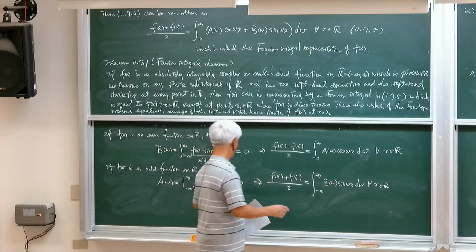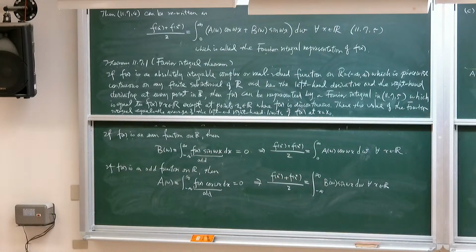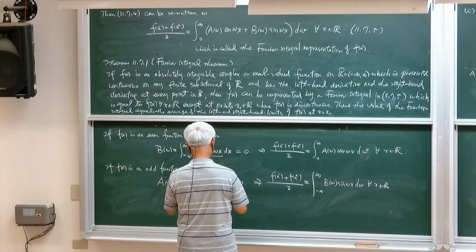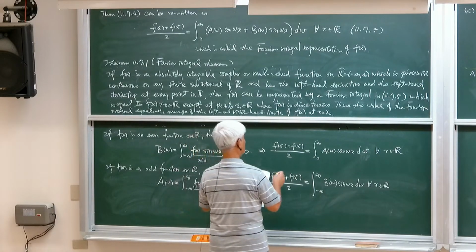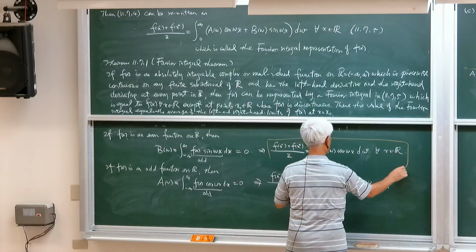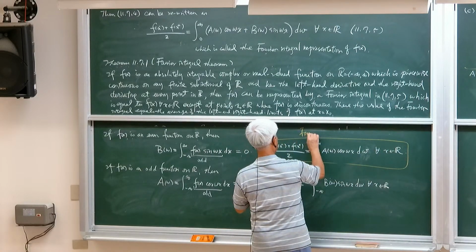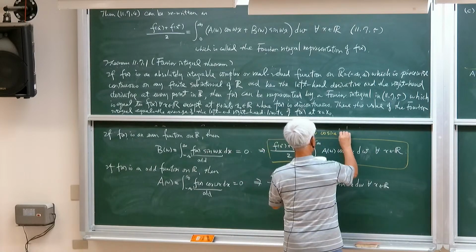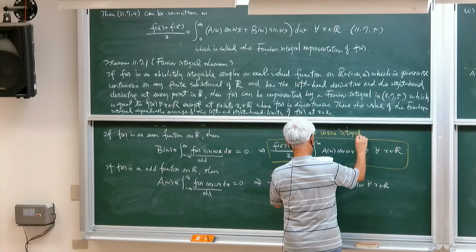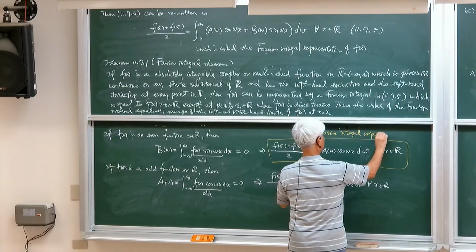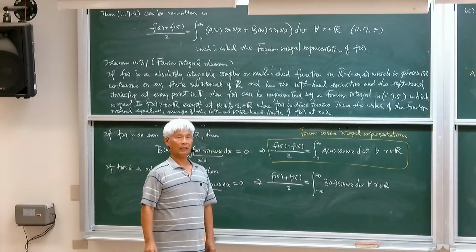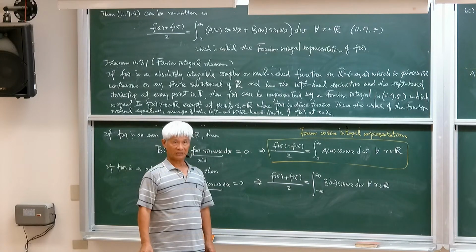Right, and so this is called the Fourier cosine integral representation. So Fourier cosine integral representation is valid for even functions.